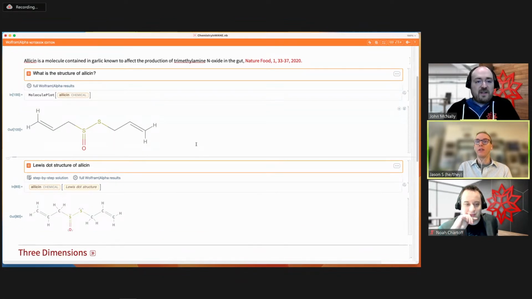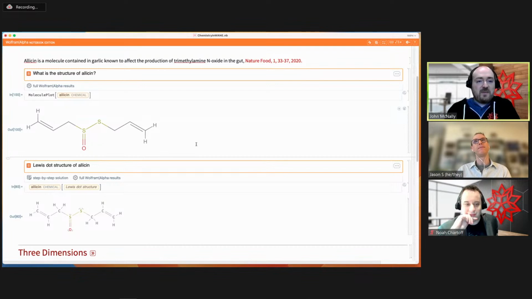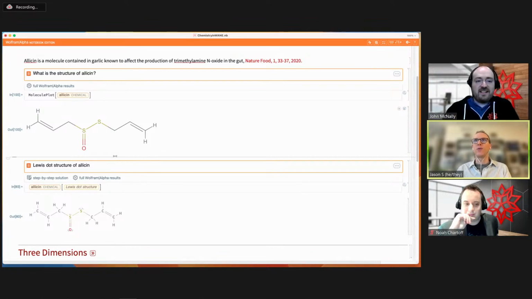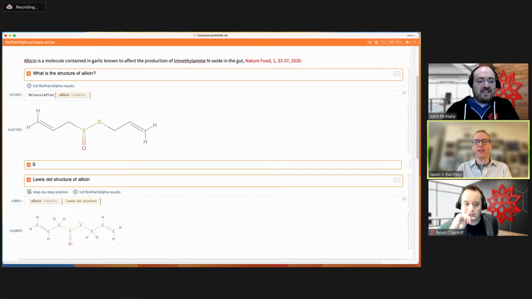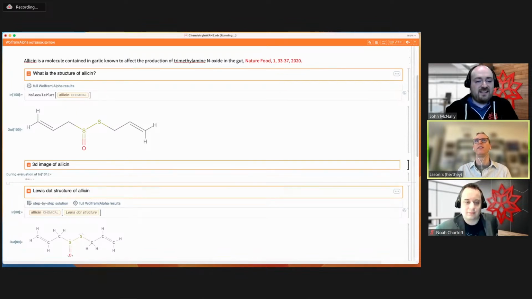Okay, so another thing that I'm curious about that we might get into later is some of the 3D visualization capabilities, but I don't want to break your flow. Yeah, that's fine. Let's say that I wanted to get a 3D image of allicin right there. How would we do that? You would just type 3D image of allicin, and that should do it.